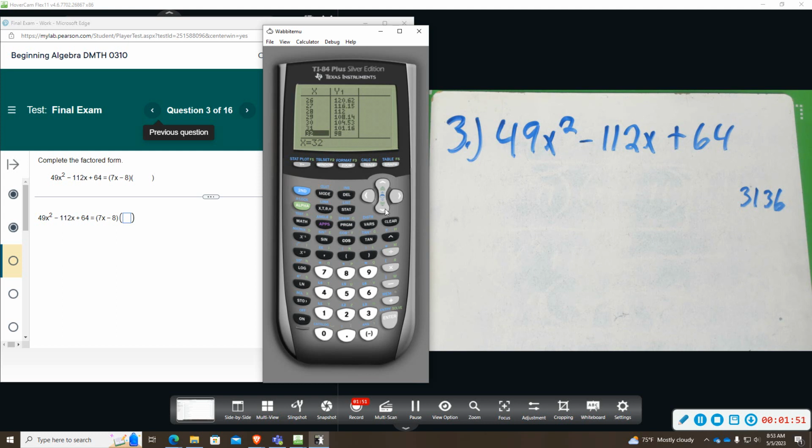That gives us 130. Probably end up in the same number. It gives us 113. 113, we want 112. 56 and 56, yep. So 56, 56.